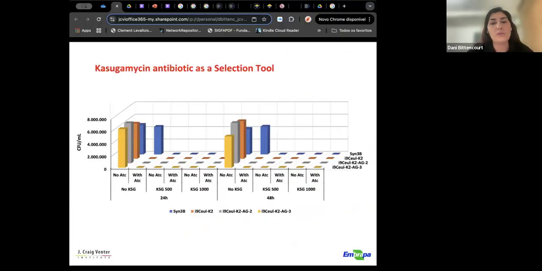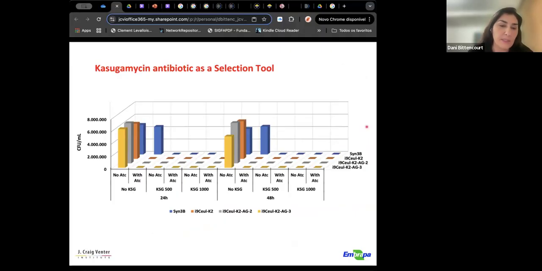So what we are also trying to do is focus on another strategy to purify our zombie cells, using the Kasugamycin antibiotic as a selection tool. It blocks the beginning of the translation of the mRNA. So if you have any surviving cells, this will interfere with the translation of proteins and everything.